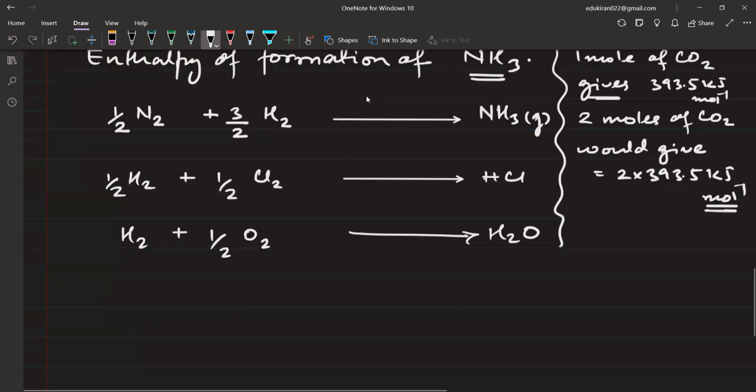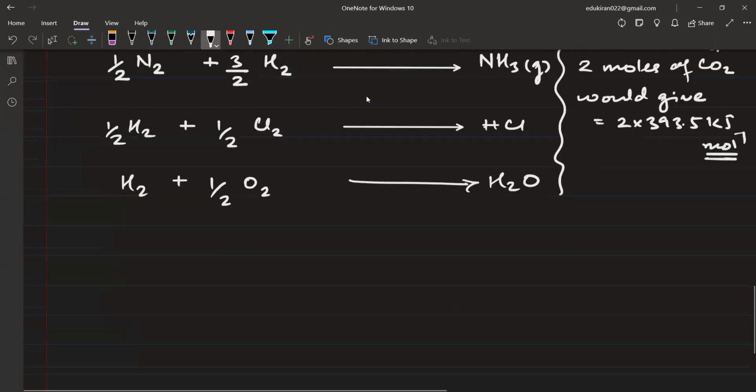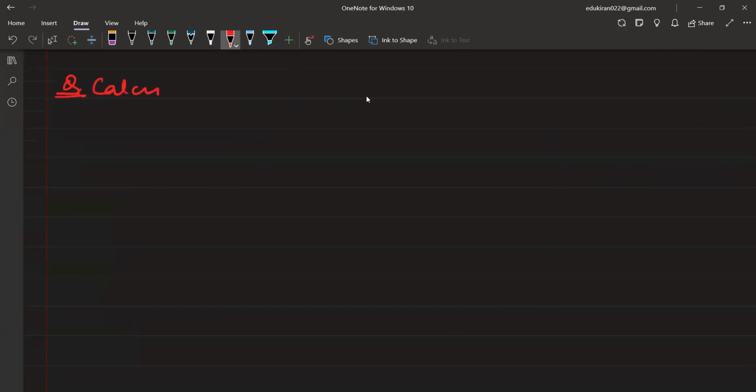ठीक है. Similarly, you can have a question like this. बहुत ही आसान सवाल. Please write question. Calculate the enthalpy of formation from following data.